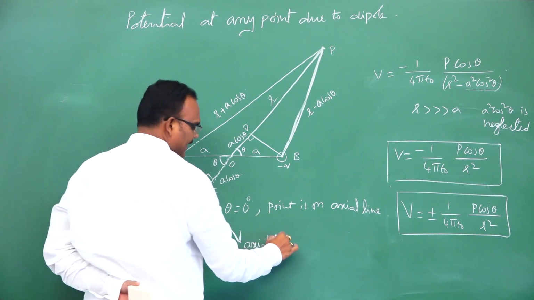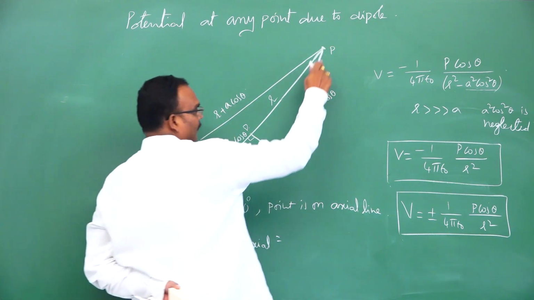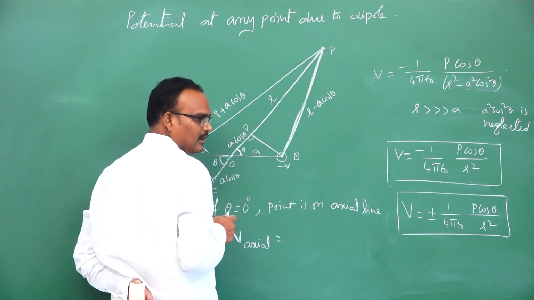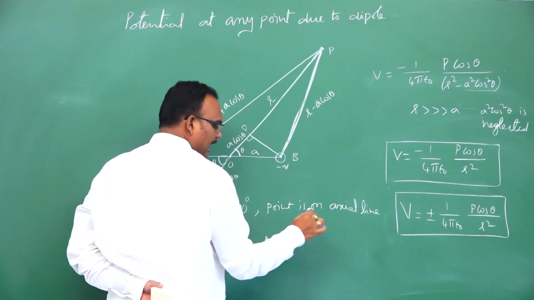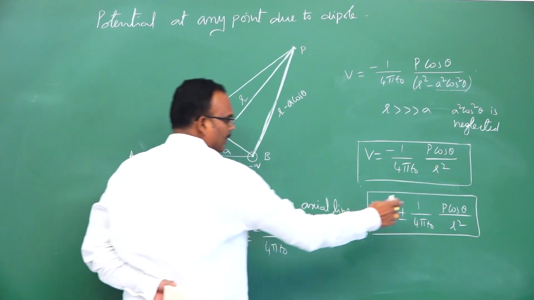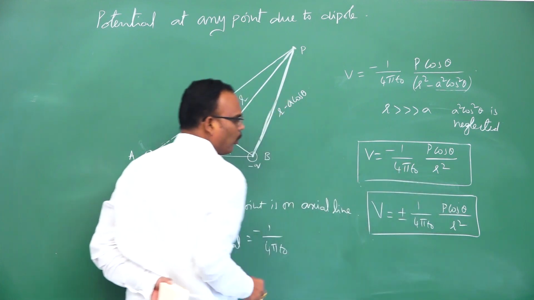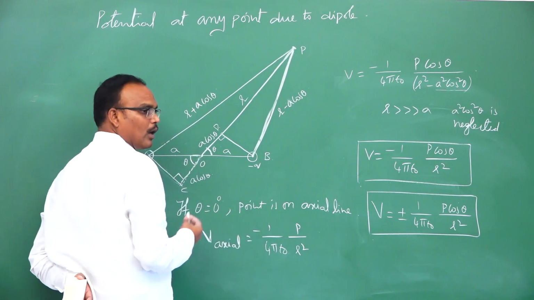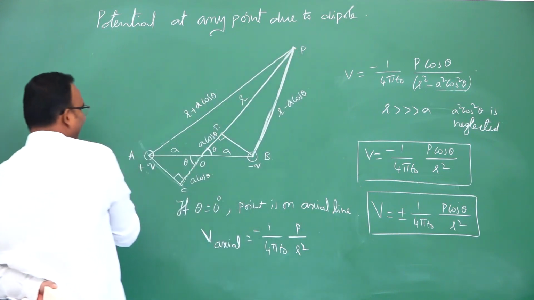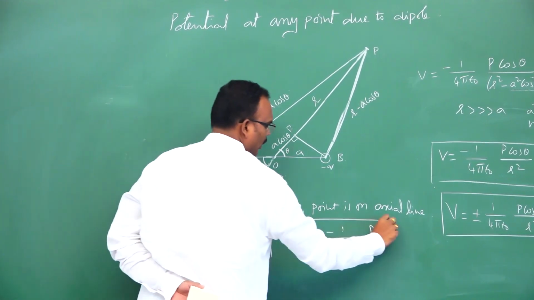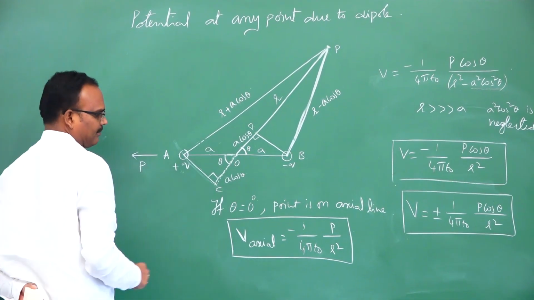Along the axial line, see, if you take a point this side, it is close to negative charge. So that's why you'll get negative 1 by 4 pi epsilon naught P cos 0, which is 1, so that's why P by R square. Okay, if you take a point this side, you'll get positive potential. Okay, this is along the axial line.